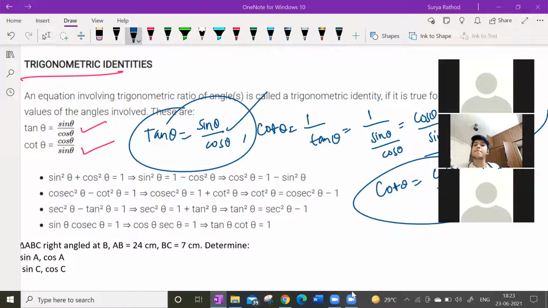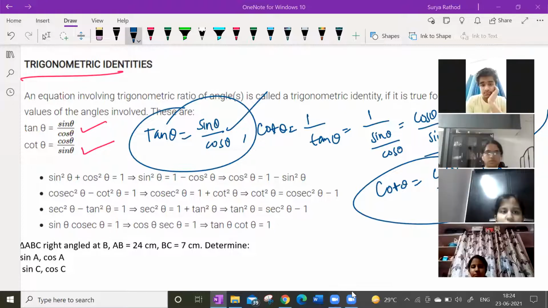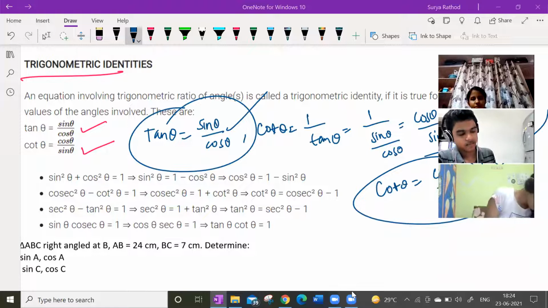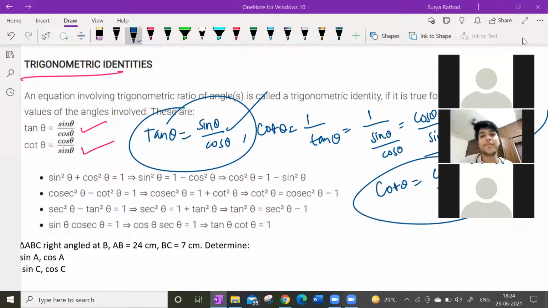Make it fast. Udbhav, Anudeep, Tushar. Everyone turn on, right? Yes. Anudeep, Tushar, you didn't turn on yet.